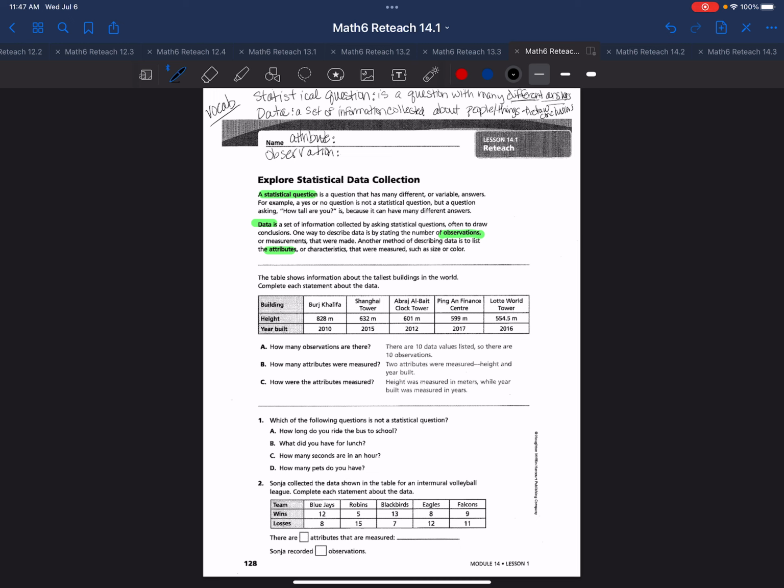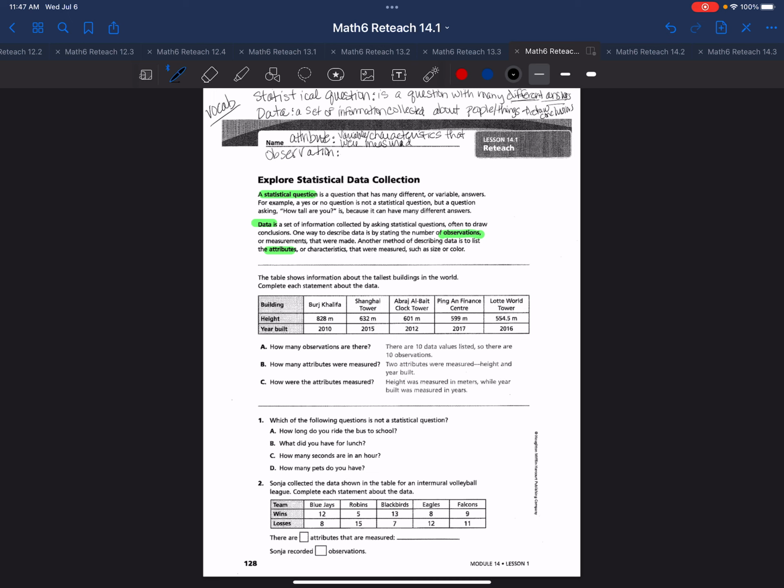An attribute is a variable or characteristic that was measured, like size or color or height, for example.